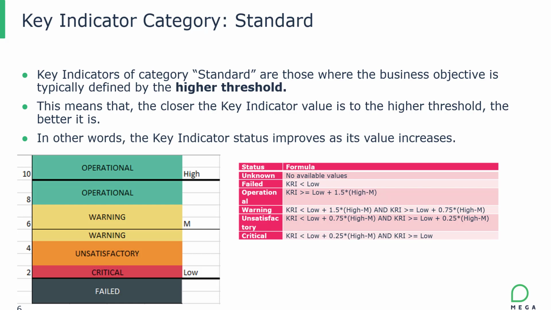Either the key indicator has no recorded value whatsoever, so its status is obviously unknown, or let's pretend that we are using a key indicator with a monthly aggregation of its values. We create this indicator in March, and we want to take a look at the indicator status on March 15th.